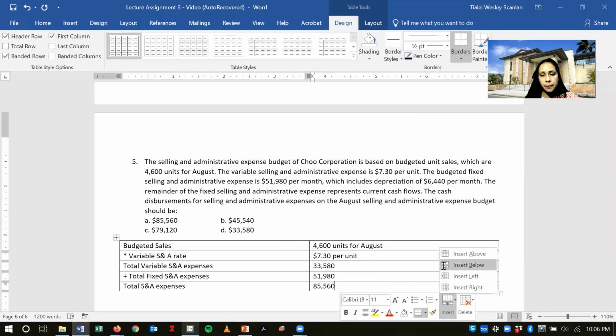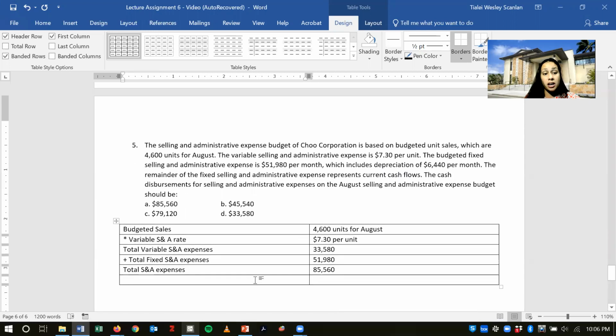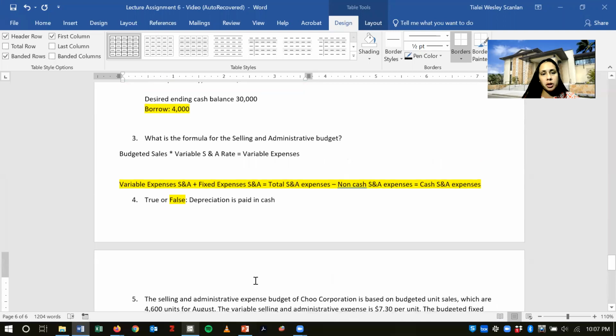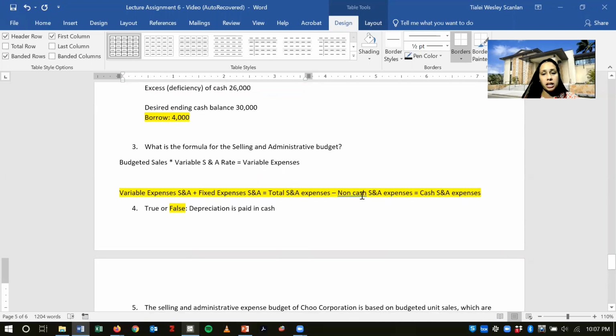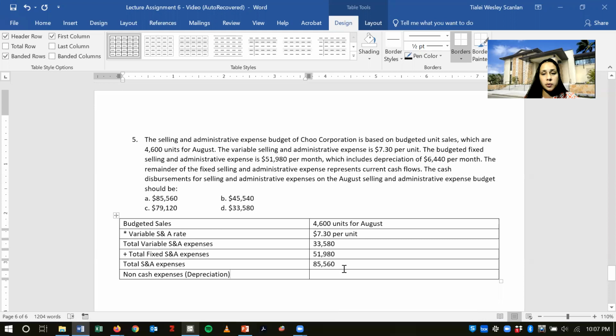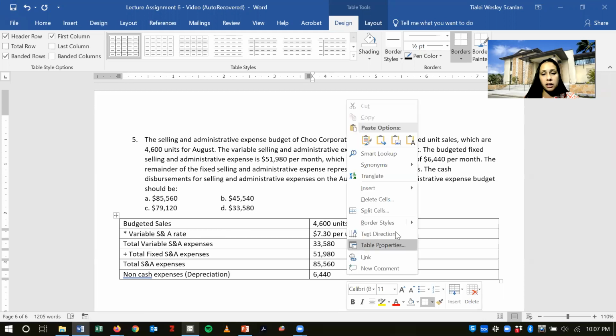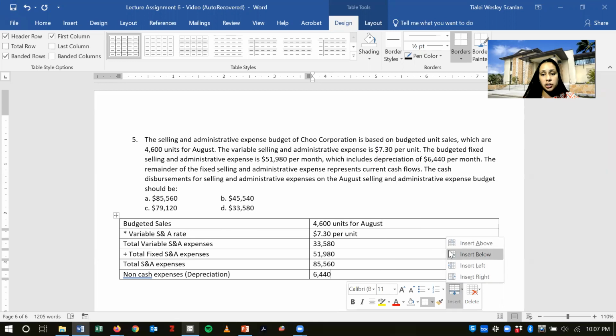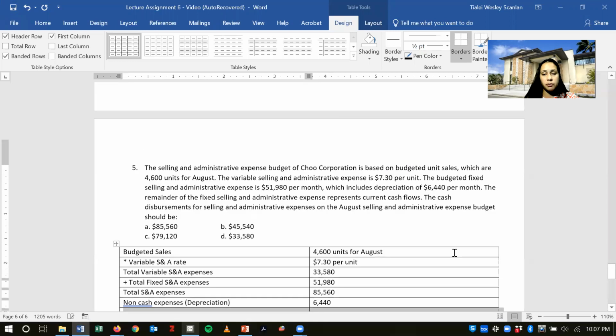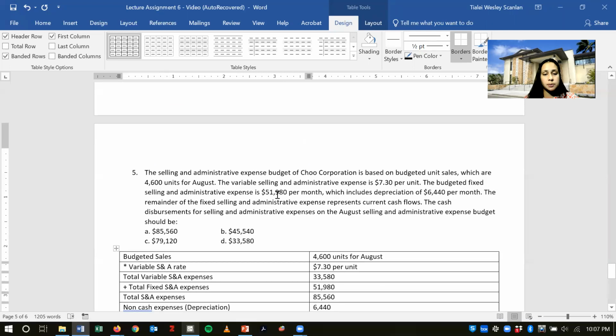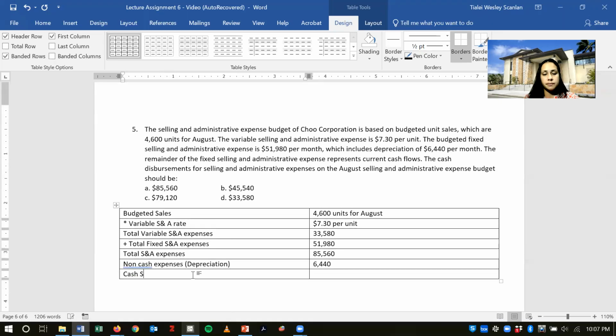And below, we'll take out our non-cash. So remember, going back to our formula, non-cash selling and administrative expenses will be 6,440, and that'll give us our cash selling and administrative expenses.